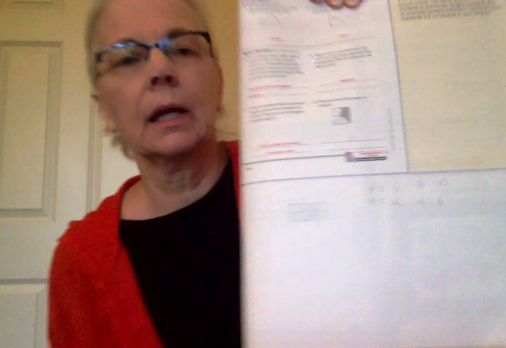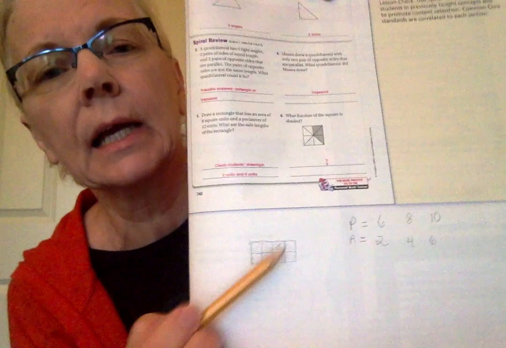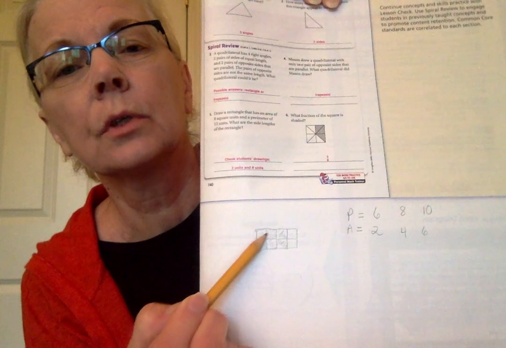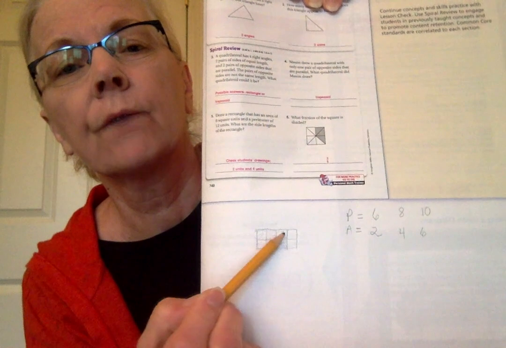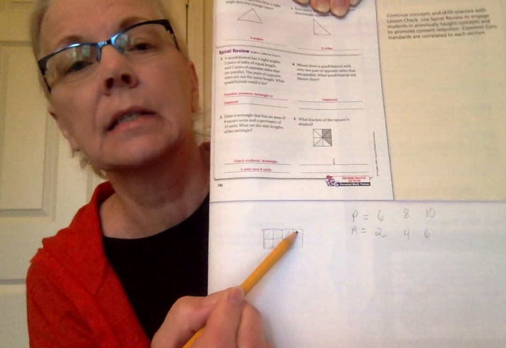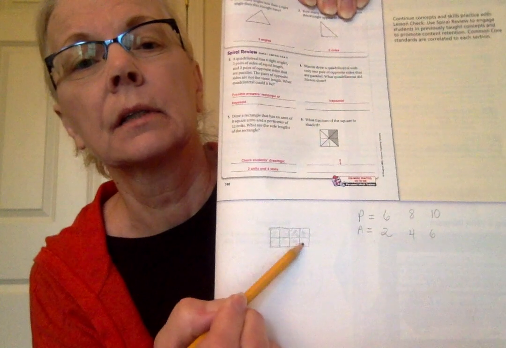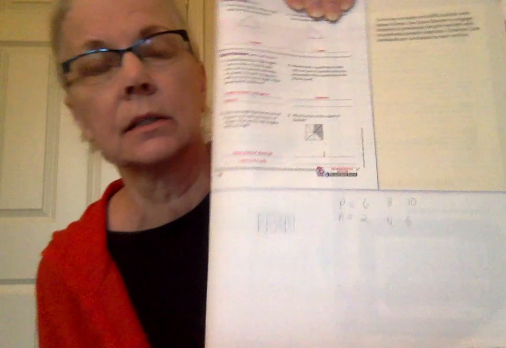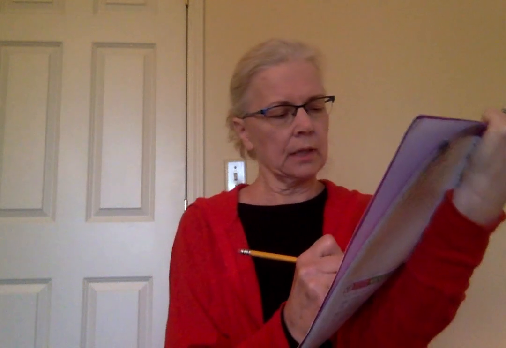Let's add 2 more units. Okay, add 2 more units just like I did. Let's count the area. 1, 2, 3, 4, 5, 6, 7, 8. So now we have an area of 8. Let's write that down. What's the perimeter?